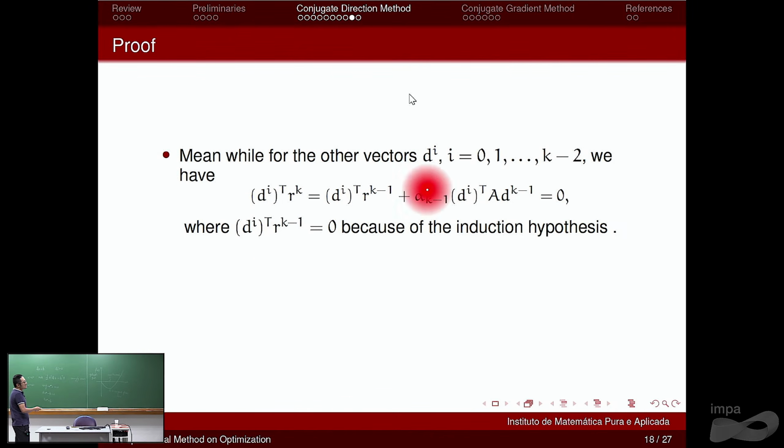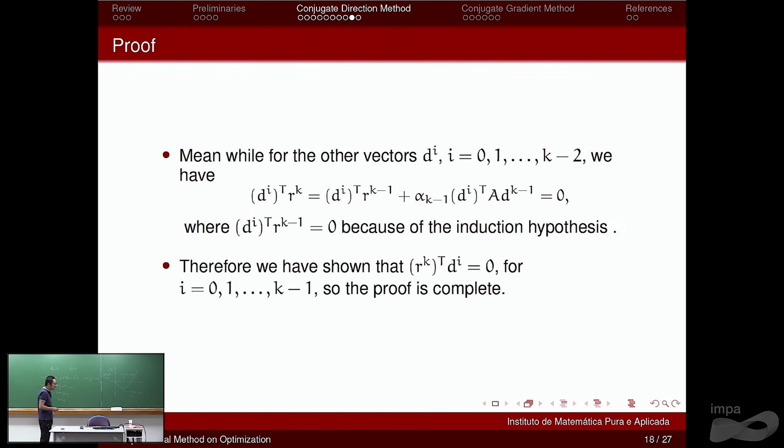And the remaining term equals 0 because of the induction hypothesis. So finally, we have shown that rk transpose di for i equals 0 to k minus 1 is equal to 0. So we finish this proof.